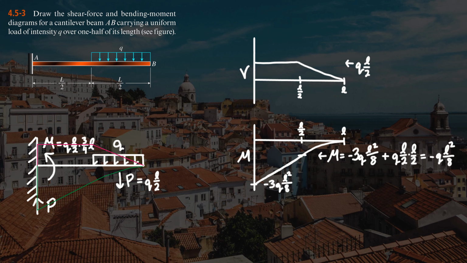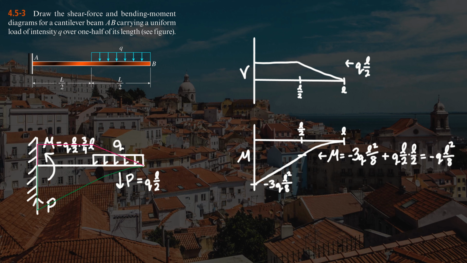But because there's this distributed load here, we have this gross curve, and luckily we're not exactly making an equation for it. You could if you want to, because for the straight line, we could have said, okay, our P is Q L halves times X instead of L halves, the second L halves there. We could have put an X there, and that would have been true.